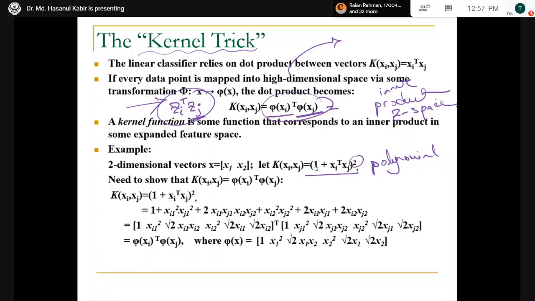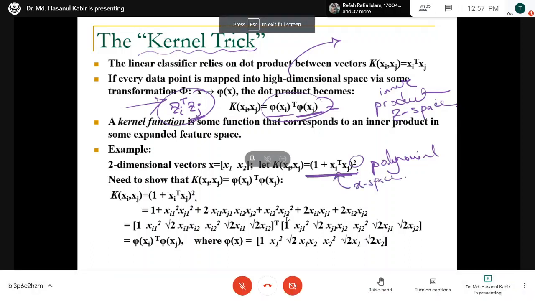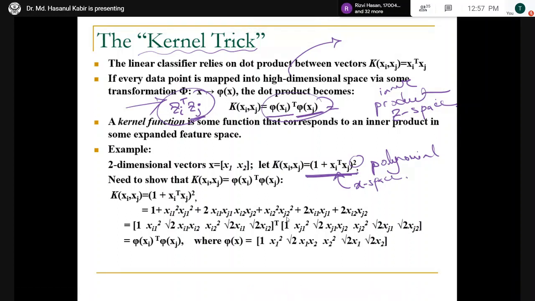of order 2. Do you think that if I do this computation, can I do it in the X space? Yes, I can do it, right? Because I can see that X transpose X is there, and then I add 1, and then I take the square.